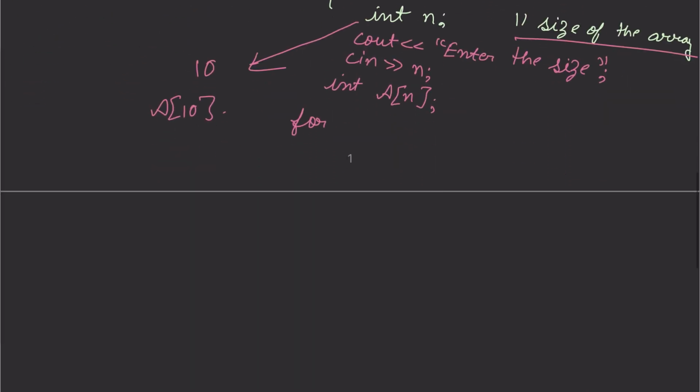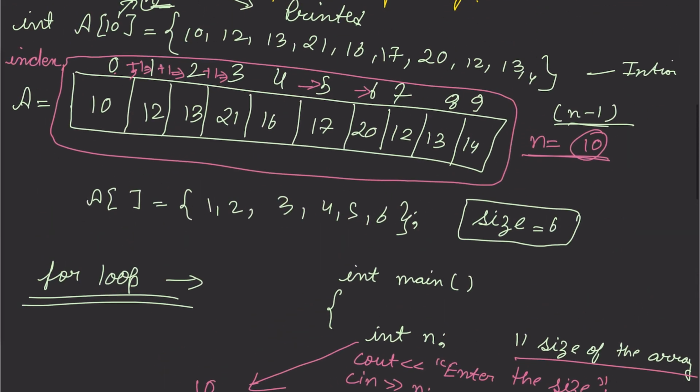now coming back to for loop, what we are doing above is, index was at 0. We are incrementing index every time by 1, and up to when? Up to n minus 1.